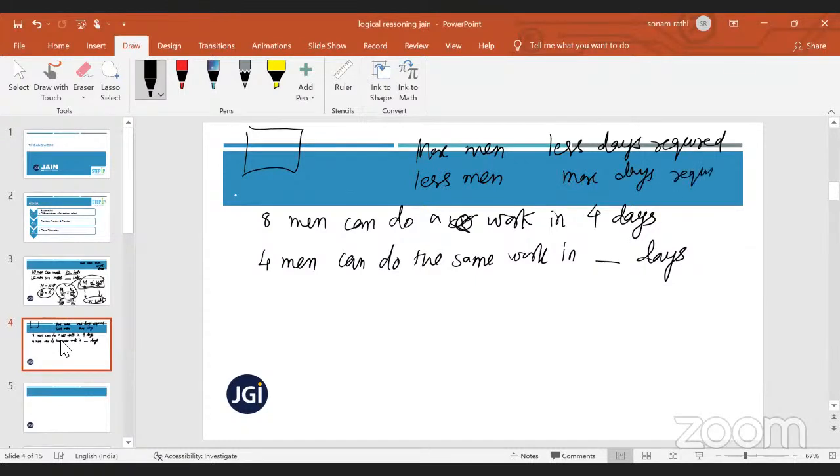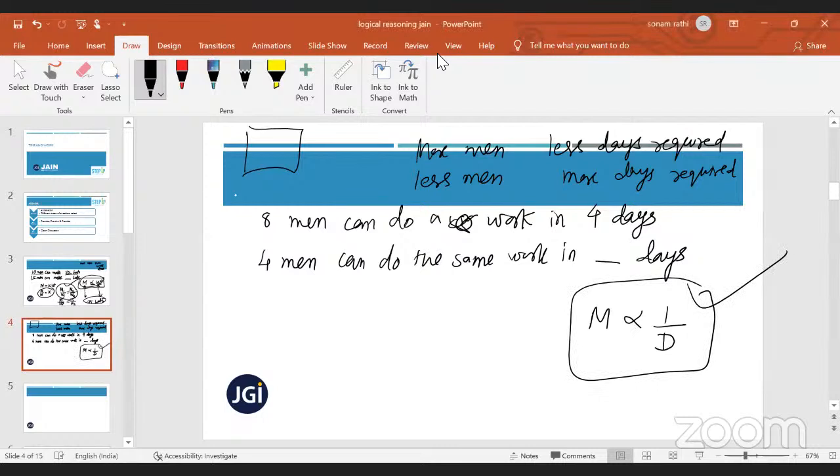So can I say men and days are inversely proportional? When you increase one, another one decreases, right? Men and days are inversely proportional to each other, correct? So when you increase the men value, the days value decreases, and when you decrease the men value, the days value increases.